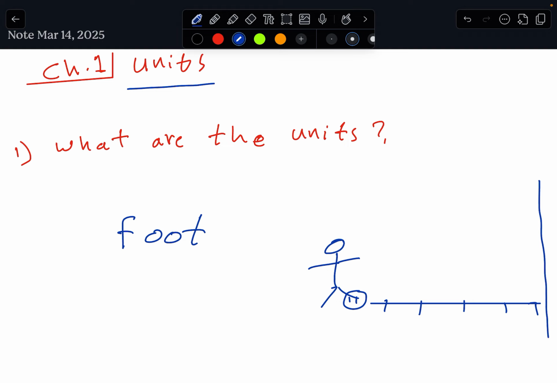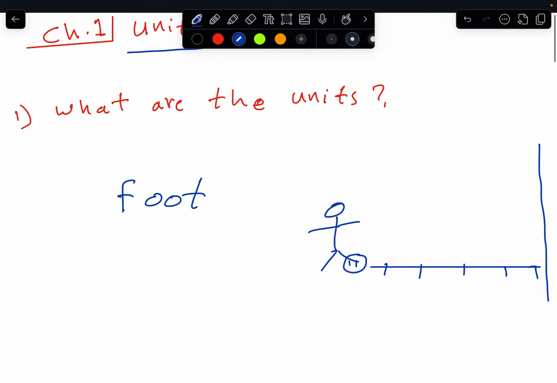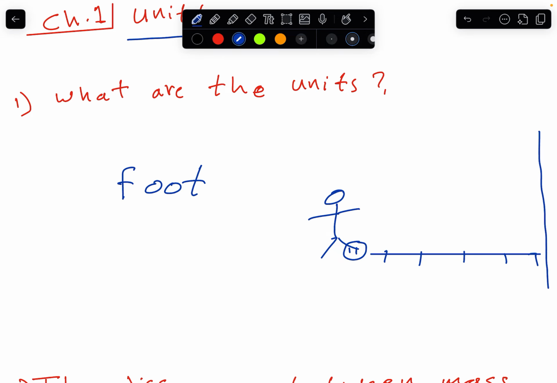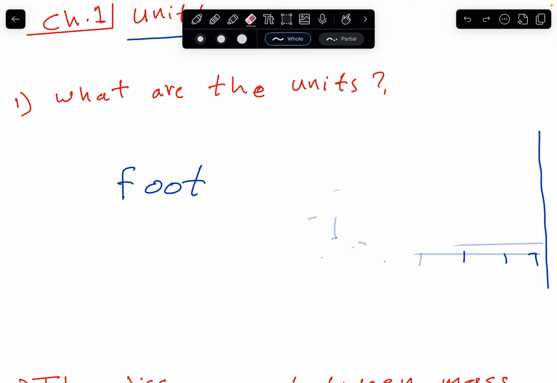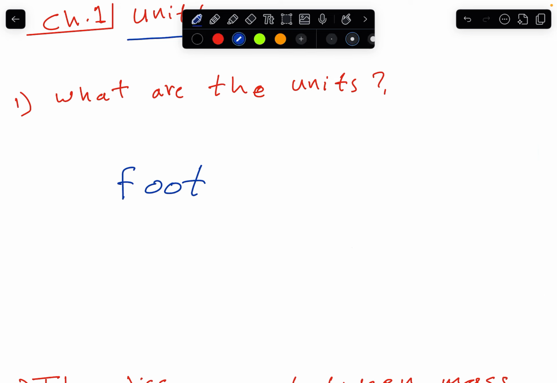Or 6 feet. So now we have an idea how far this wall is from us. It's pretty philosophical, but it is just a tool of measurement.